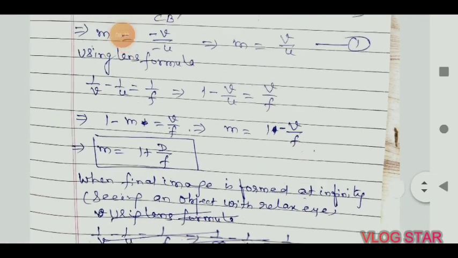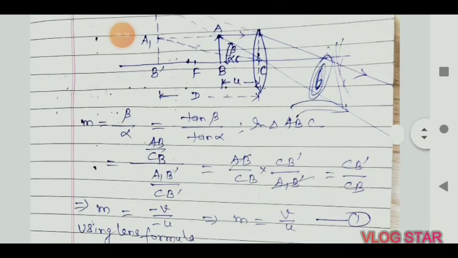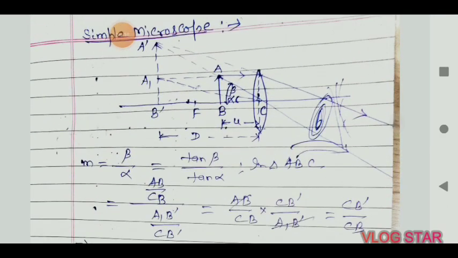Now, when we want to see this object with the relaxed eye, it means when we want to see the image of that object at infinity, then we can see with the relaxed eye. So in order to form that image at infinity, the object will be very near to the focal length.